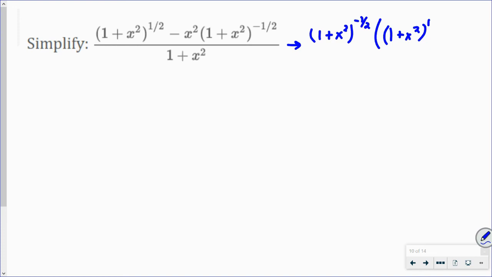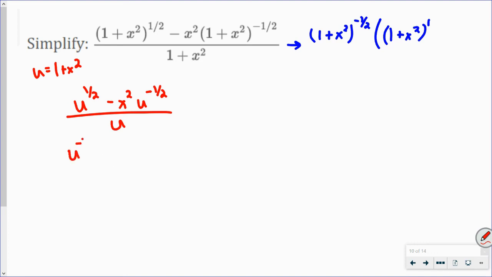If you want to use u substitution here, you can, to make things, I don't know, look a little bit easier. You could say u to the half minus x squared, u to the negative half over u, where u equals 1 plus x squared. I don't know if that might be easier for you, but we're still just factoring out u to the minus half.